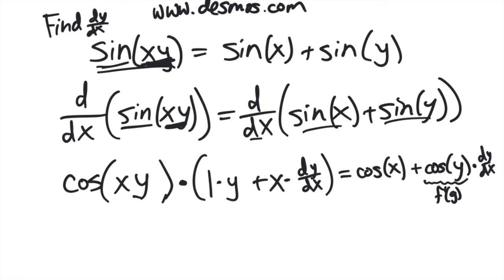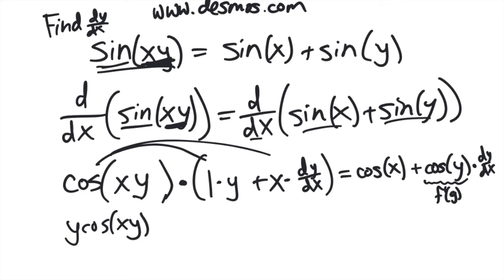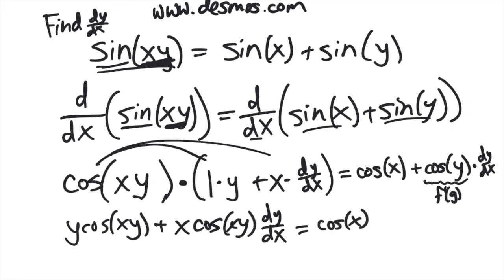Now it's just some algebra, get dy/dx all by itself. Take this cosine of xy and distribute into the parentheses. That looks like y times cosine of xy plus x times cosine of xy times dy/dx equals the cosine of x plus cosine of y dy/dx.